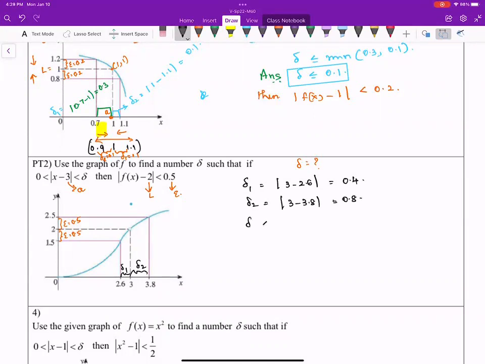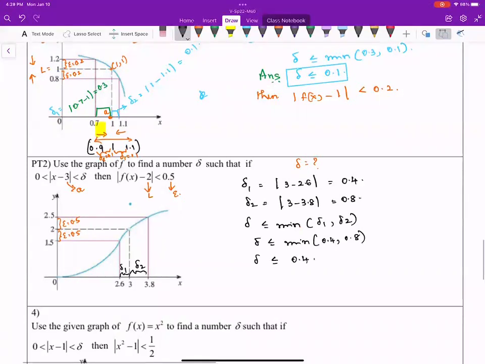So what is the minimum? Just the minimum of delta 1 and delta 2. Delta is smaller than or equal to the minimum of 0.4 and 0.8, so delta is smaller than or equal to 0.4.